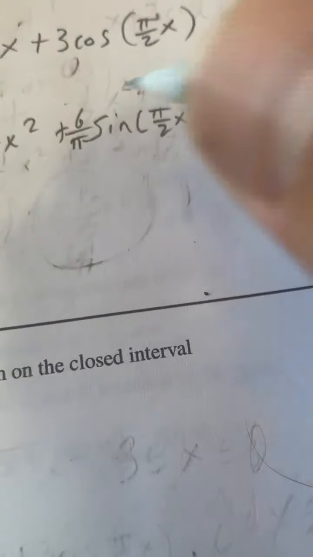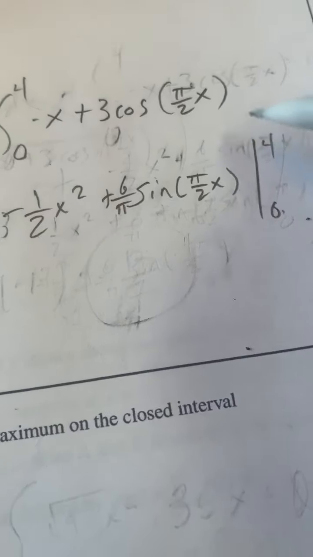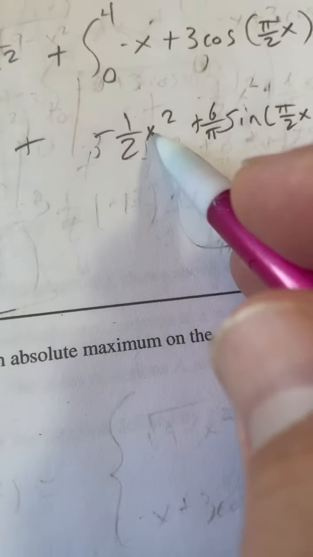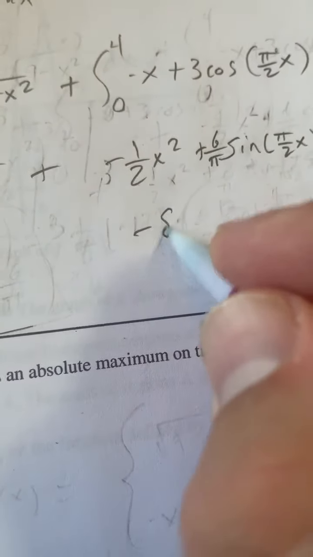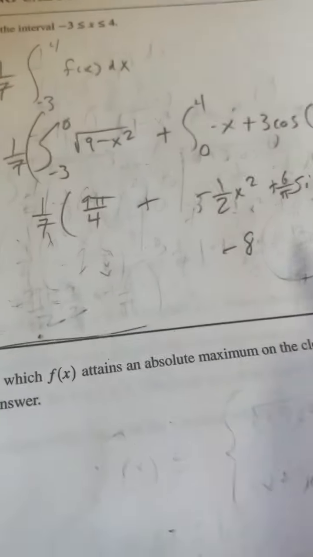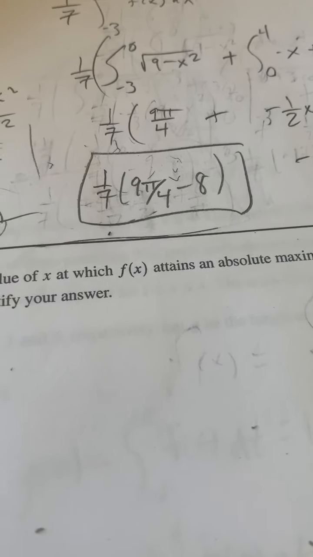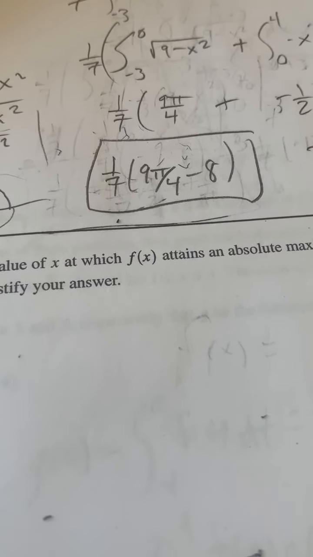Plugging a 0 into here would make everything go away. That would be 0. That would also be 0. So I'm just going to plug the 4 in. If I plug the 4 in, I get 16, so I get negative 8. If I plug the 4 in here, sine of 2 pi is also 0. So I end up just getting a negative 8 out of there. So I end up getting 1/7 times 9 pi over 4 minus 8. And you could distribute that if you wanted to, or you can just leave it as it is right there.